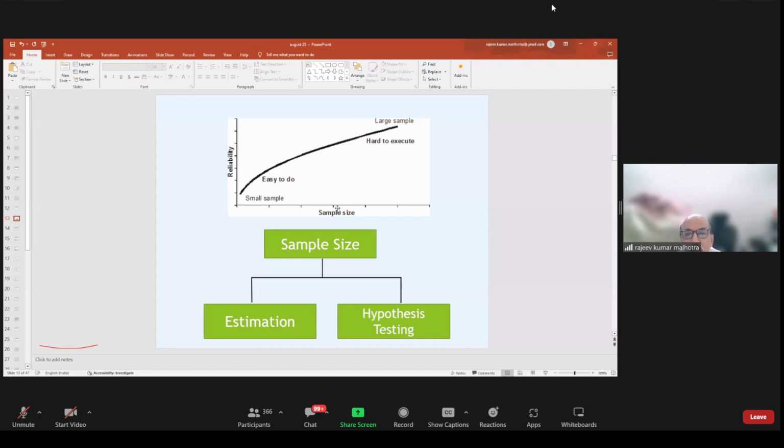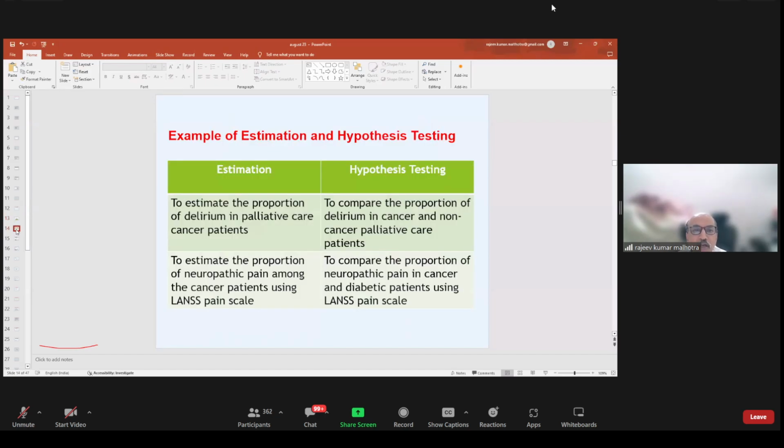So we have to find a sample size in an optimal way in between, one we can achieve and that also has good reliability. For that, we can apply sample size formulas to find an optimal and reliable sample size. We will discuss sample size for estimation and hypothesis examples.